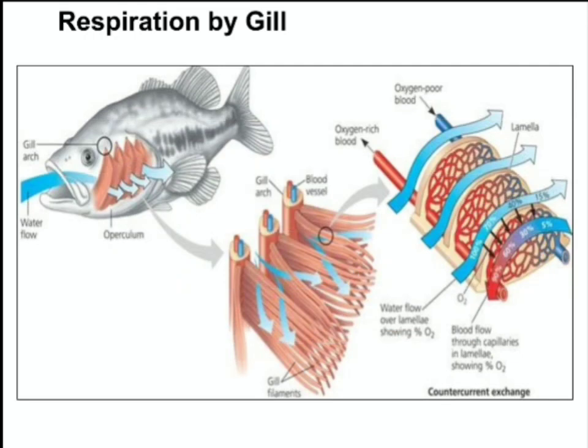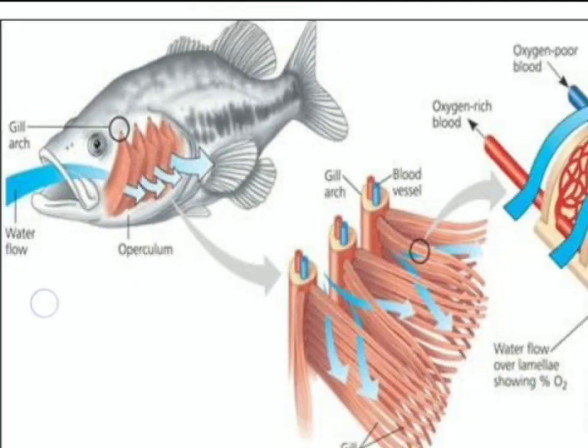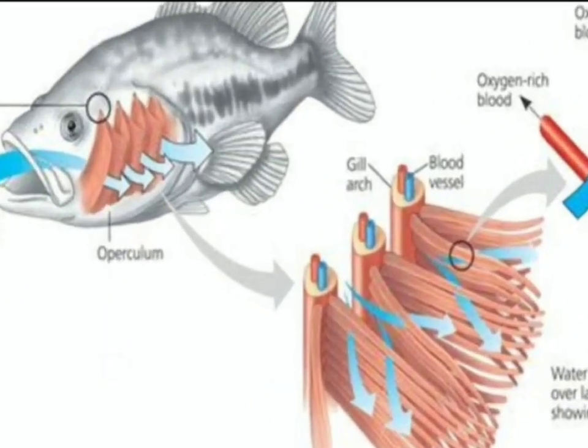Now the next organism is, obviously, respiration by gills, which is done by fishes. In fishes, you can see in this slide, the water flows from the mouth inside the fish, and it passes diagonally to the gill structure. So this is the gill structure.